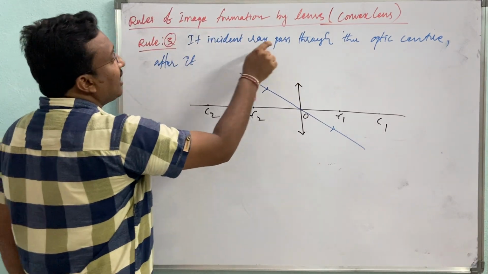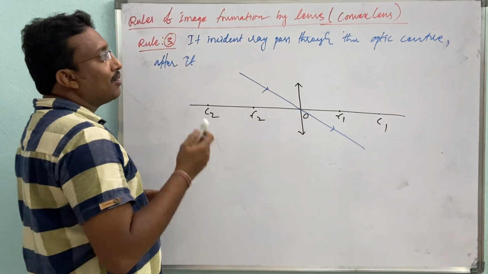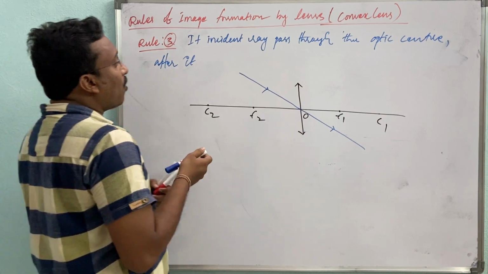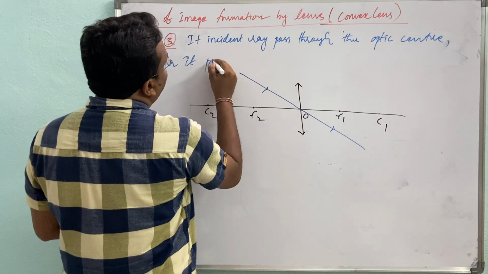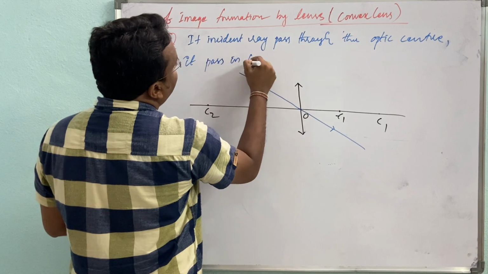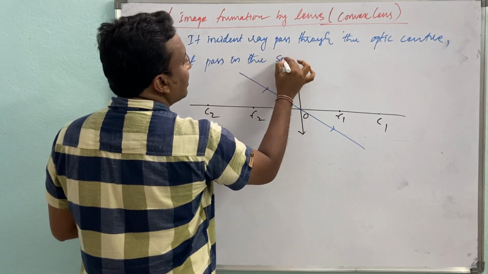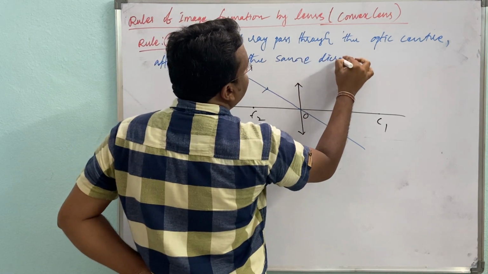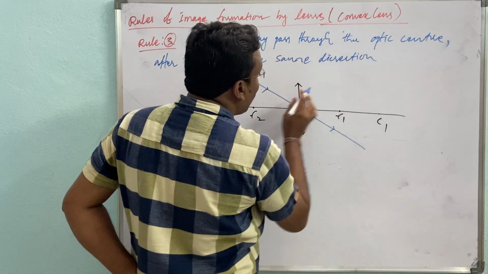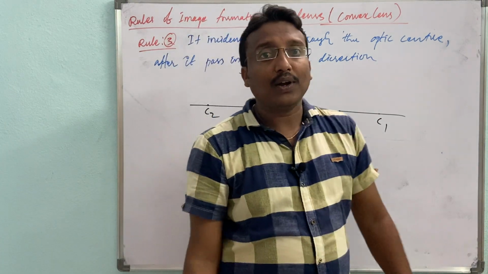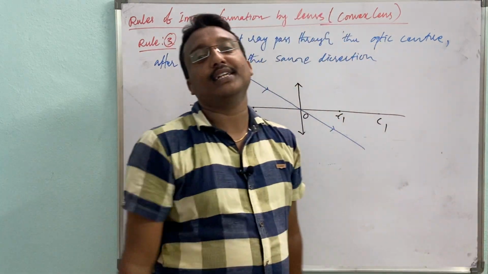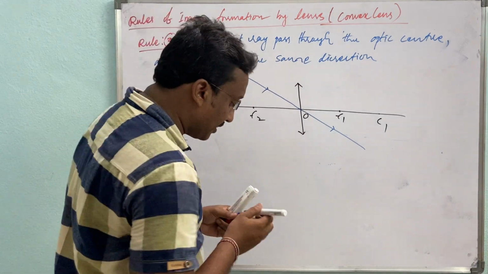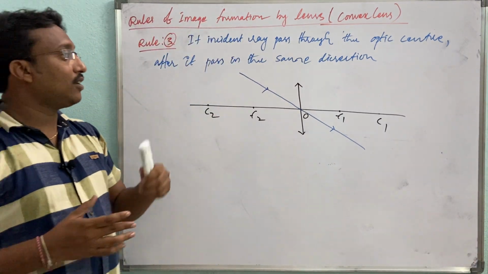Right. See here, if the incident ray passes through the optic center, after that it passes in the same path and the same direction. That means there is no deviation. It passes straight when it passes through the optic center. Got it? Right. These are the 3 rules.